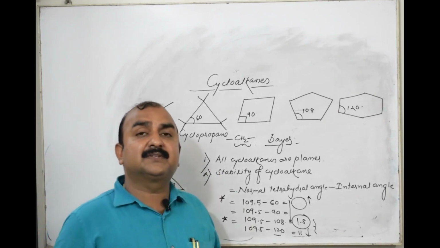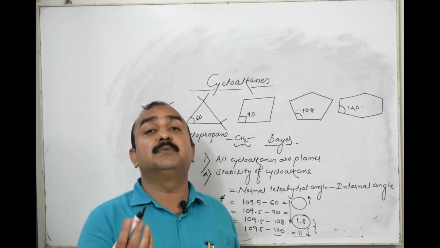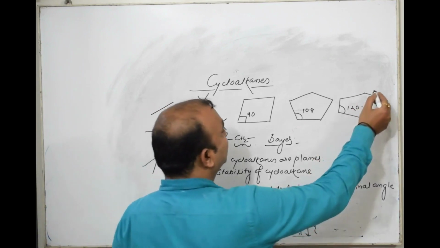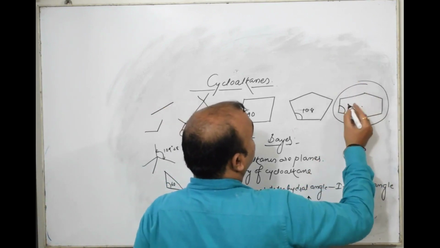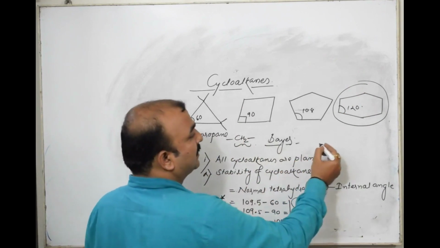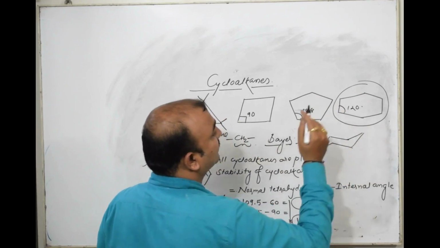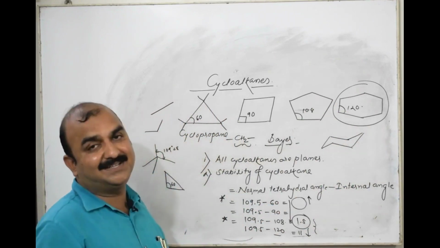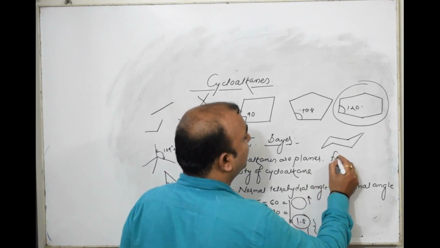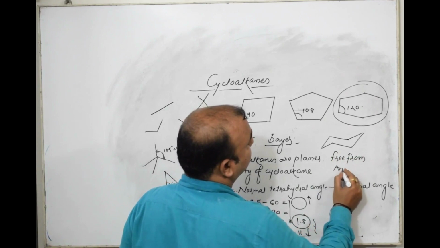Then Prelog and his co-workers did lots of experiments. They did heat of combustion experiments and found that cyclohexane maintains its dihedral angle of 109 degree 28 minute by adopting a different shape, and it is free from angle strain.